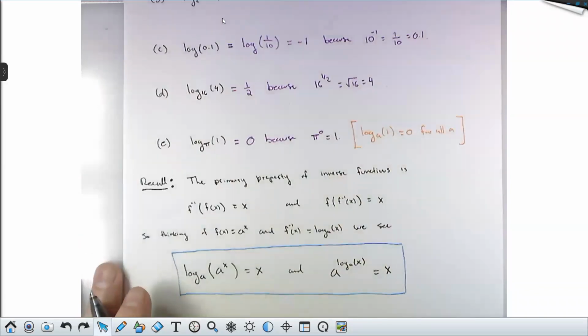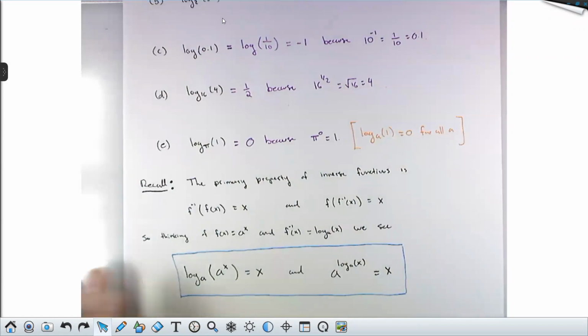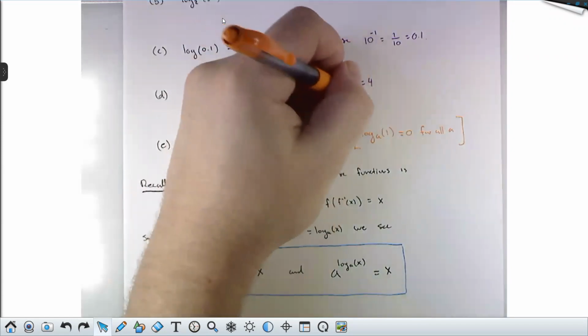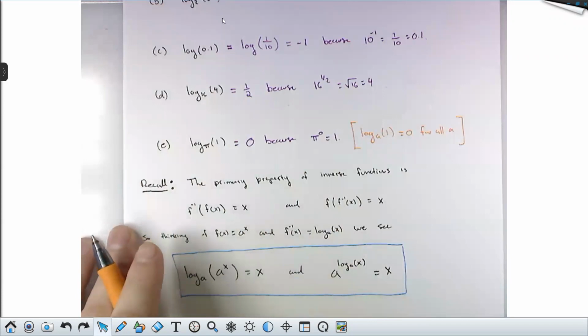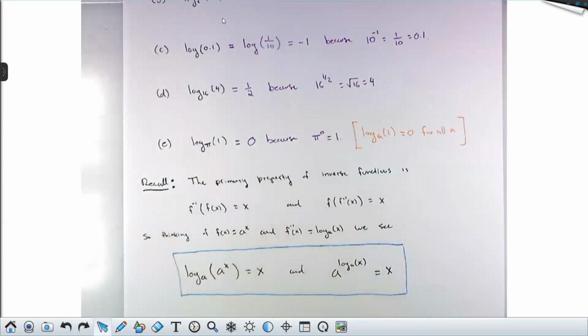Do we have an example of this other one here? We don't. Where can I fit this? It's okay. We'll save it for later. We'll get it in when it feels natural. I won't force it in here.